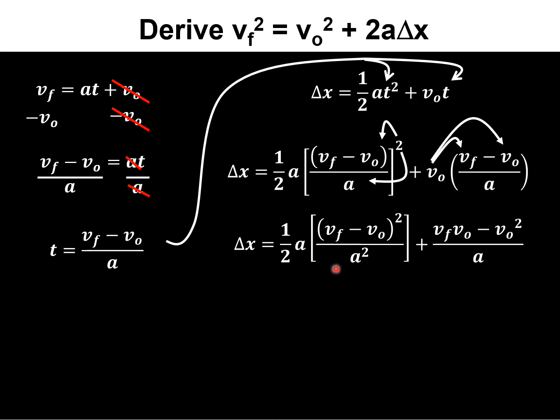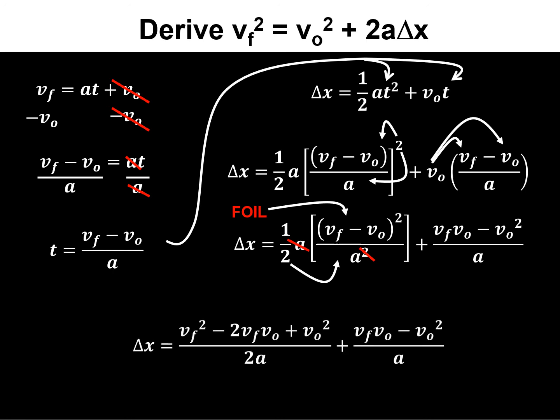Now this first term, you notice that acceleration actually cancels. Only one of the accelerations on the bottom cancels with the acceleration over here. We're also going to distribute the 2 into the denominator of this term. Also, we need to FOIL the numerator, since we have final velocity minus initial velocity quantity squared.